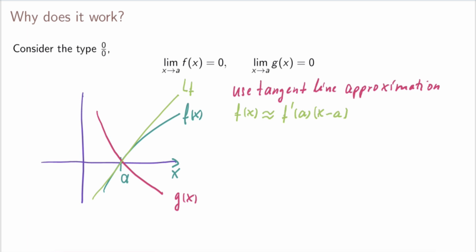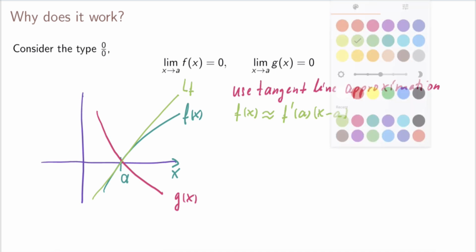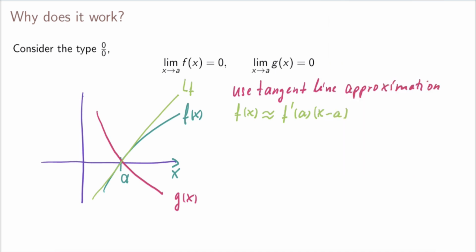And then there would be a plus f of a, but f of a is 0, okay? So then this is the tangent line approximation close to a for the function f. Let's do that for the g function in orange. This is the tangent line LG. And then we have g of x is approximately equal g prime at a times x minus a.